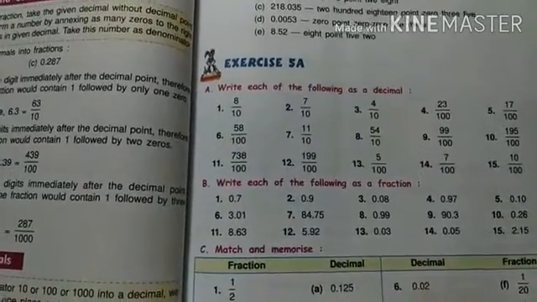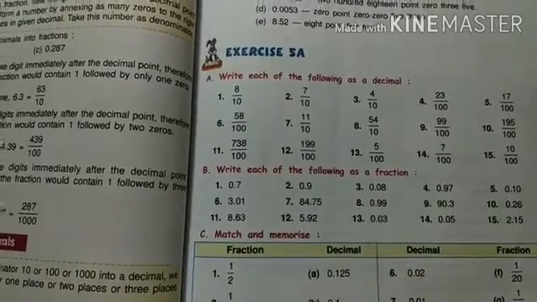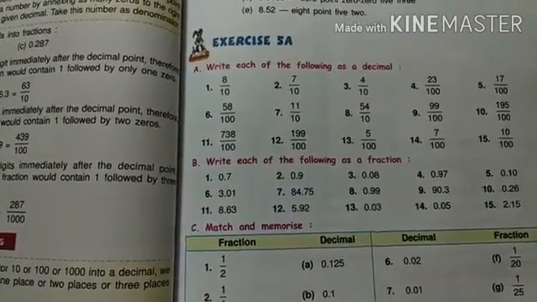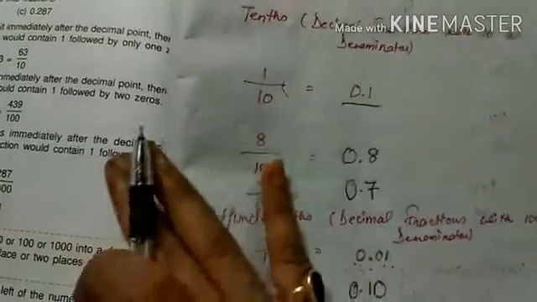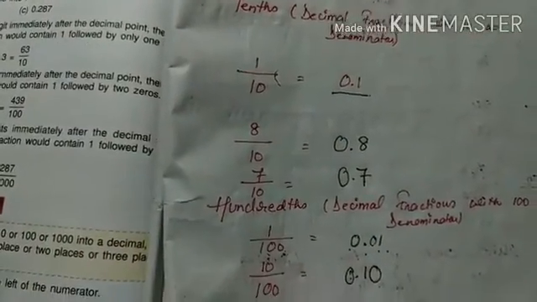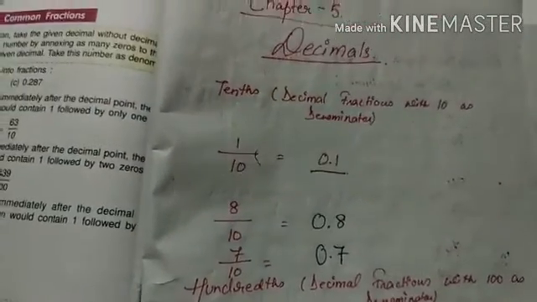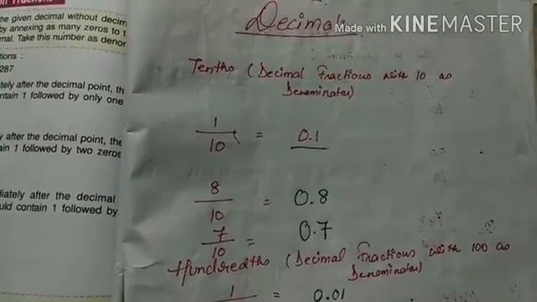Now let's start with exercise 5A. But first let's solve some examples. Here you can see 1 place of decimal, 2 places of decimal and 3 places of decimal. First, the tenth: a decimal fraction with 10 as denominator.